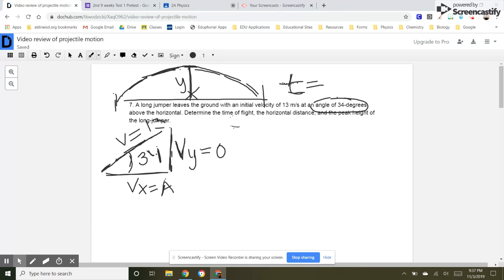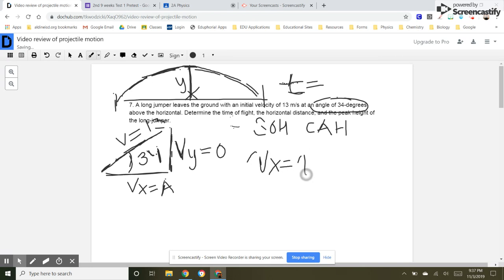So we're just reviewing our trigonometry. In class, we reviewed that SOHCAHTOA is going to help us remember which to use, sine or cosine. So since v of x is adjacent to the angle, we're going to use cosine to find our v of x component.